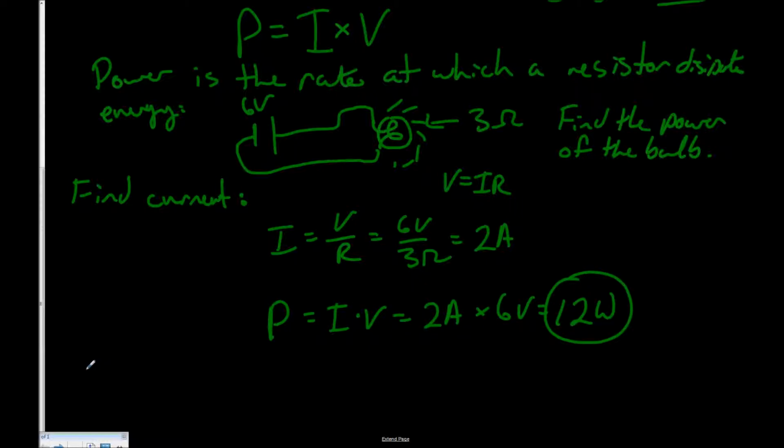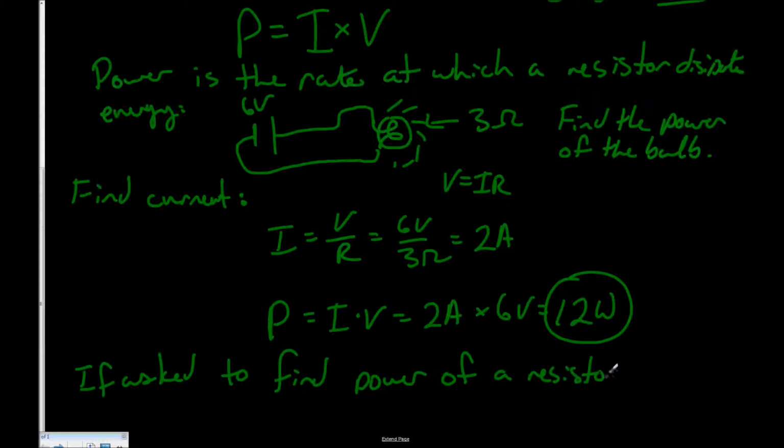So when you're asked to find the power of a resistor, you need current and voltage drop.